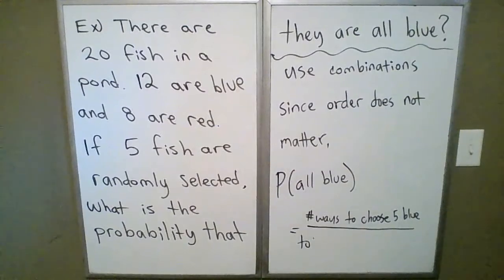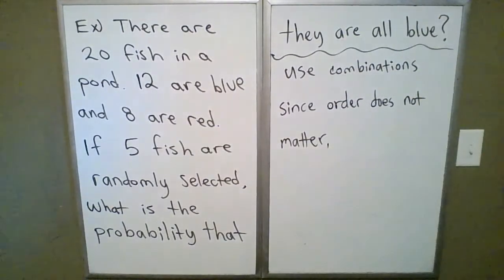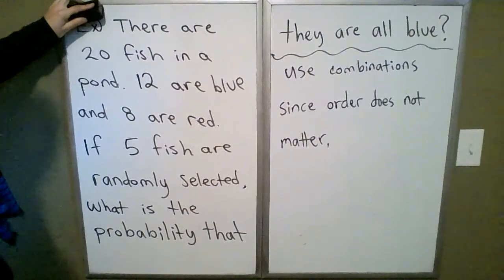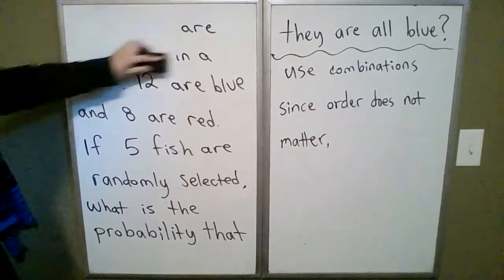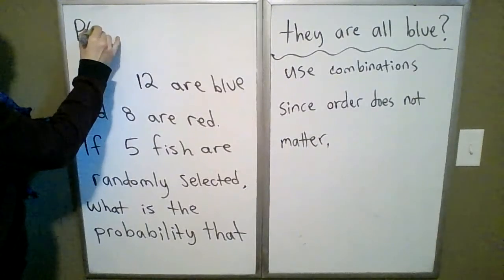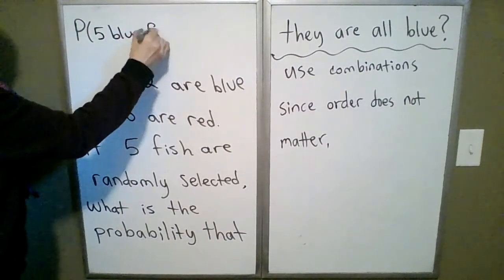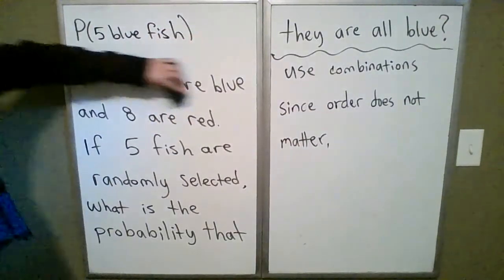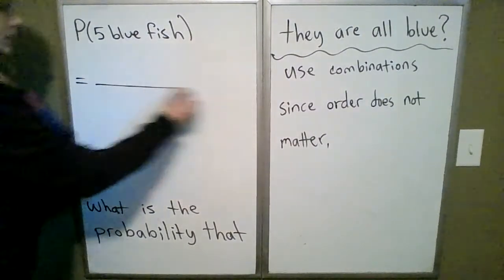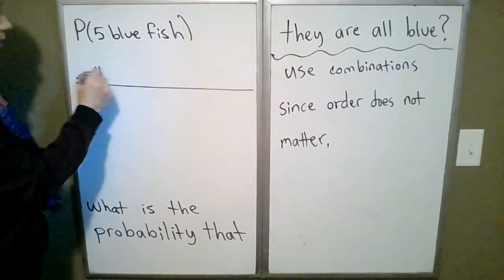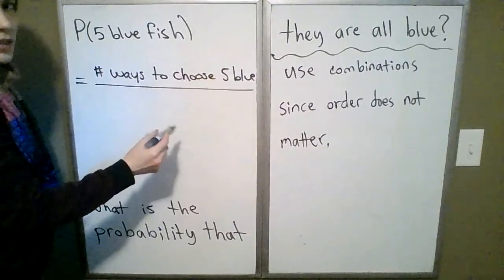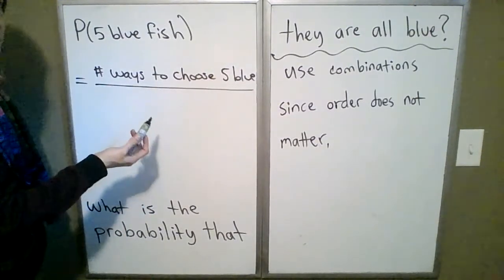I'm going to put this up on the side so it's easier to read. So the number of ways that event can occur, the number of ways to choose fish, and out of the total number of ways to select just 5 fish.